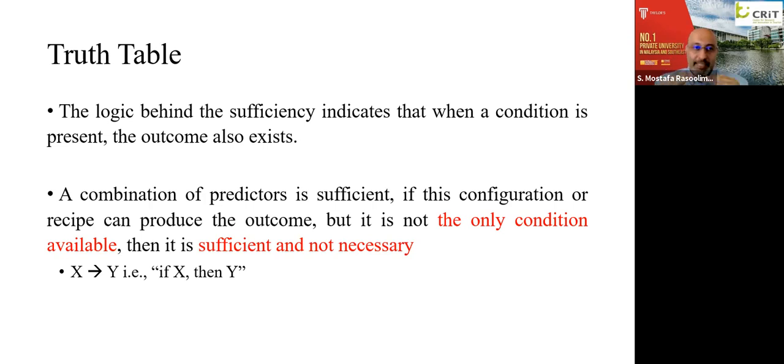In this second step of fsQCA, we create the truth table. Some combinations lead to a high level of outcome, and some lead to a low level, right? So some can be sufficient and some not, right?